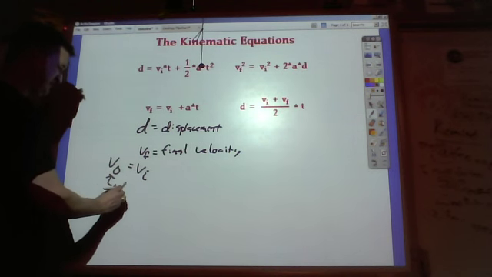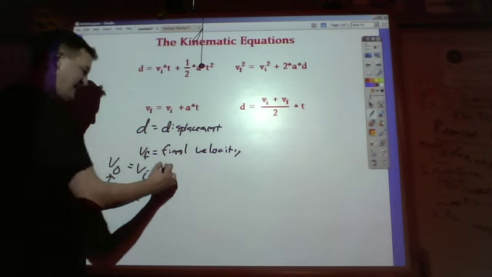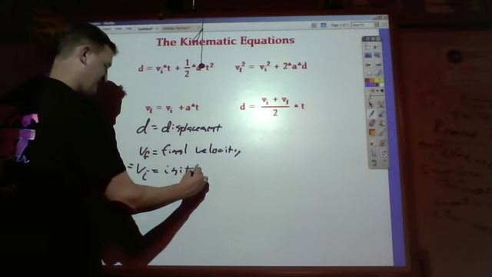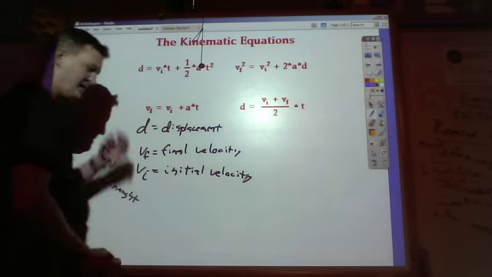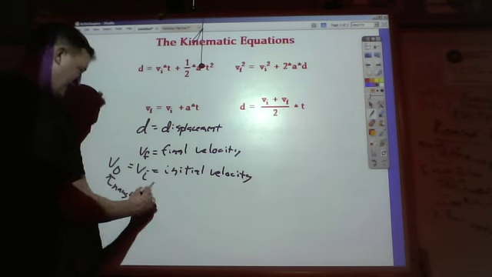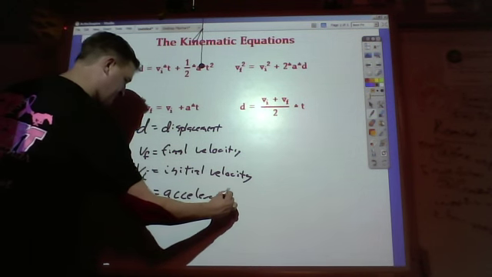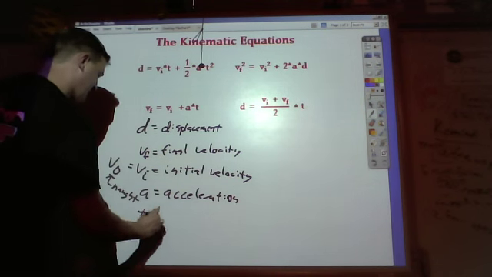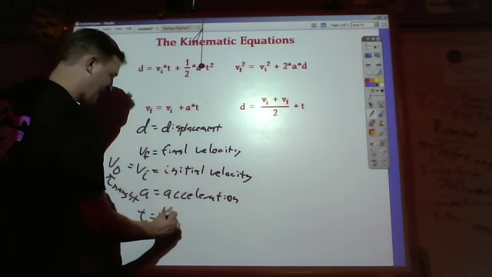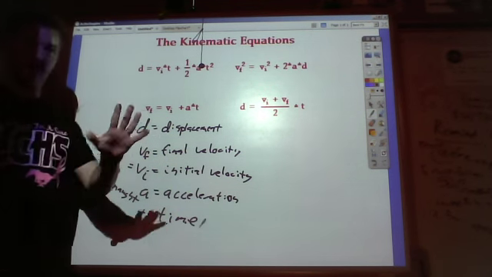We've talked about that one, but I'm just going to remind you. V naught, and that's initial velocity. Then we have A, which is acceleration. And then we have T, which is time.